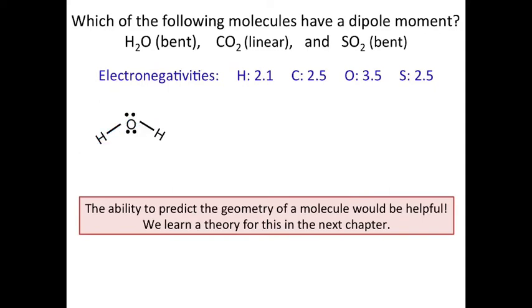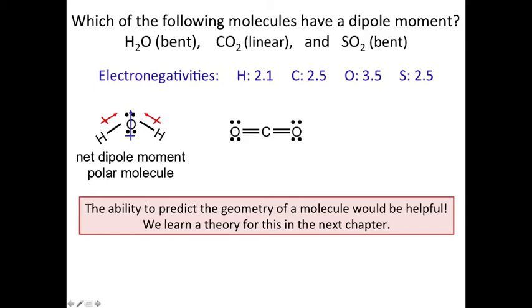That's bent. Now, if you look at the electronegativities, each one of these hydrogen-oxygen bonds is polar, and they don't cancel each other out in space, and so there's an overall net dipole moment that points up in this case. So this is a net dipole moment, which makes it a polar molecule.